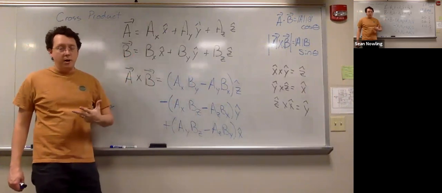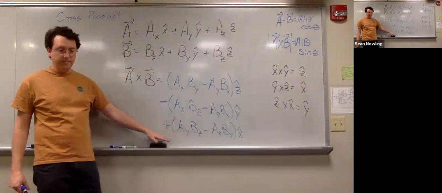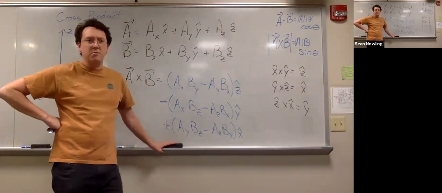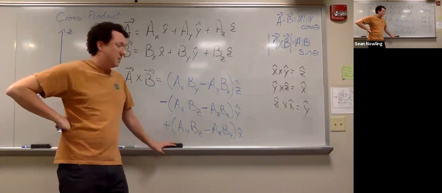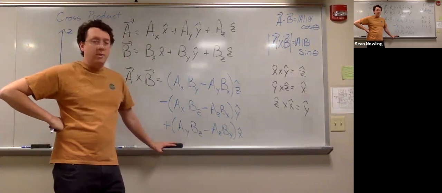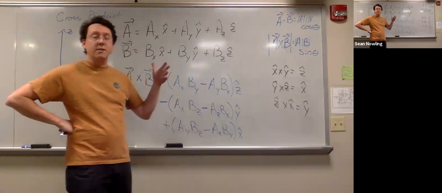For physics 1, we won't use this. I think there's one problem set on cross products where you use it, but otherwise we don't use this. Our vectors tend to be very simple. They live in a plane, usually the XY plane, and then they point in the Z direction.